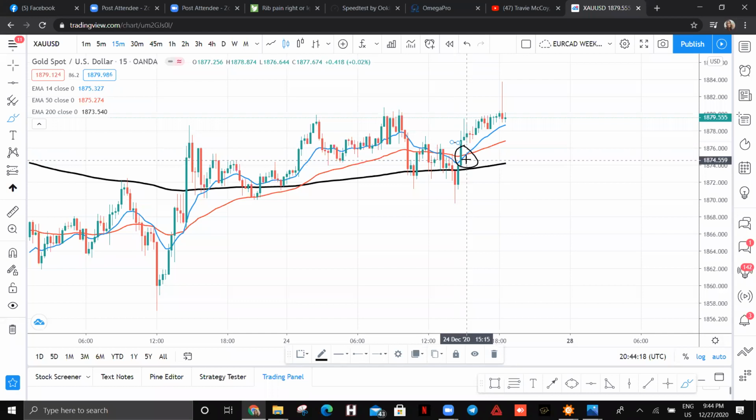Now, since we missed this, but price is still above our 14 moving average, we're still looking for more buys. So if market opens and you decide to take gold, you just buy it and you scalp a little bit, 10, 15, 20 pips, 50 pips, and you leave the market. Remember where your stop loss is, because this is too risky, as your stop loss will be very wide, somewhere around here.